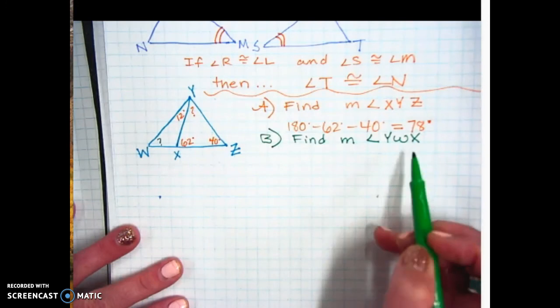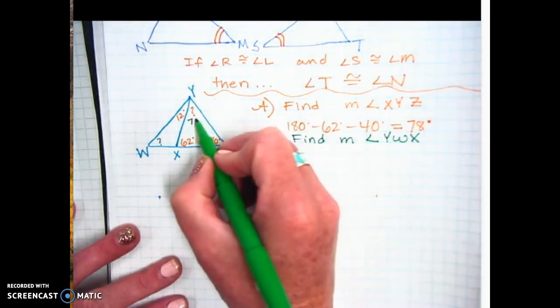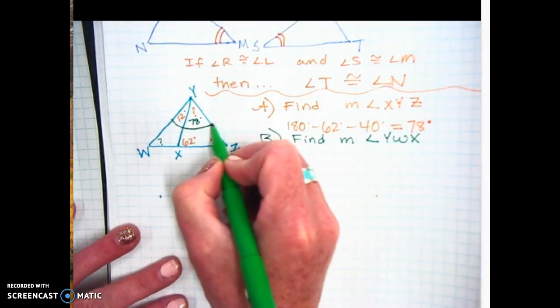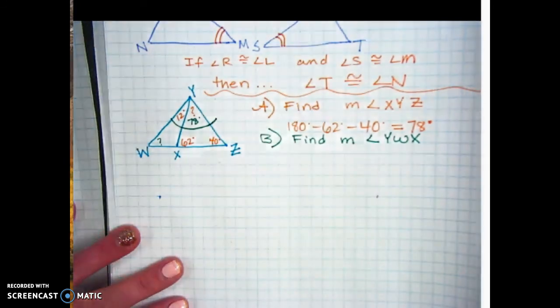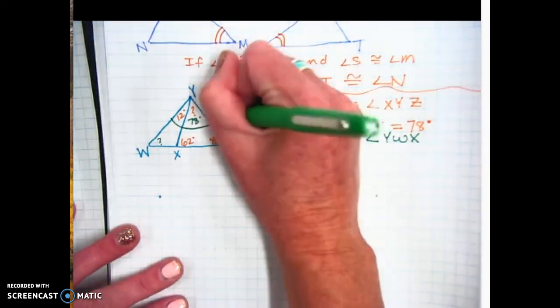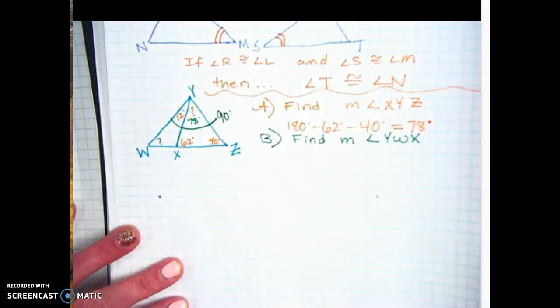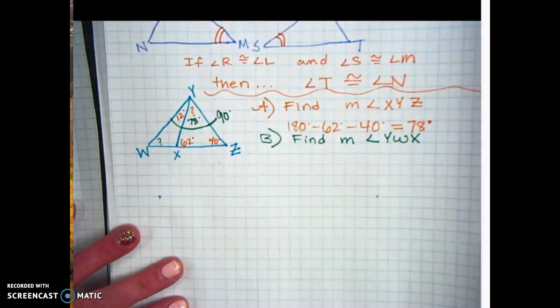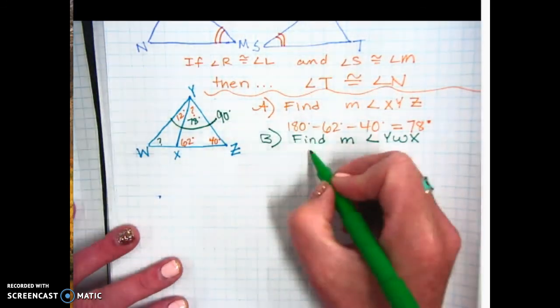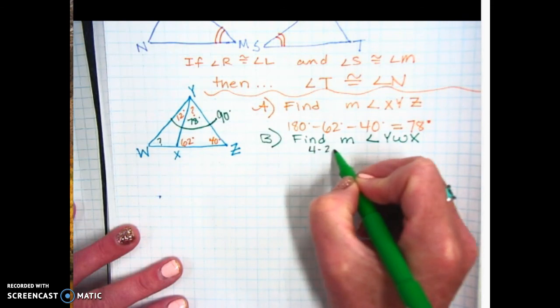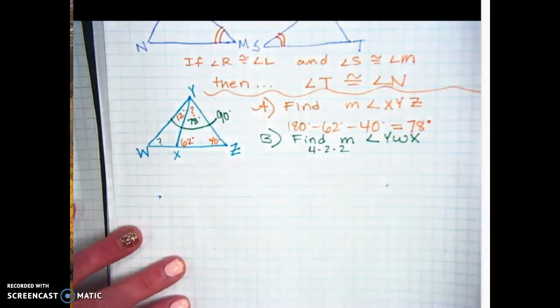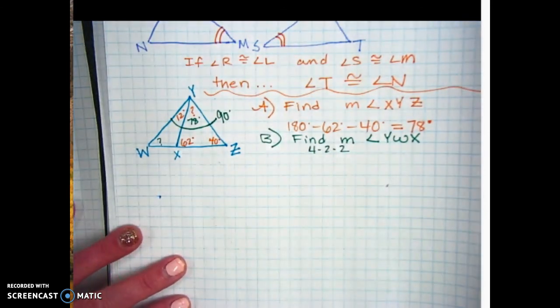But when we got this one as 78, what do you notice about these two angles right here? They equal 90. So what kind of triangle is this? It's a right triangle. So if you look at the second box, the one that says 4-2-2, what does it say about the other two angles in a right triangle? They should add up to 90.